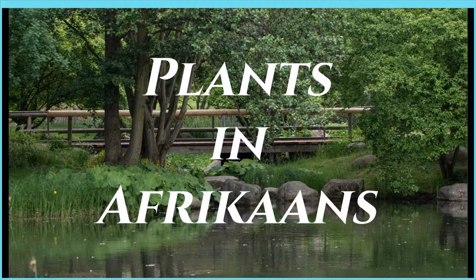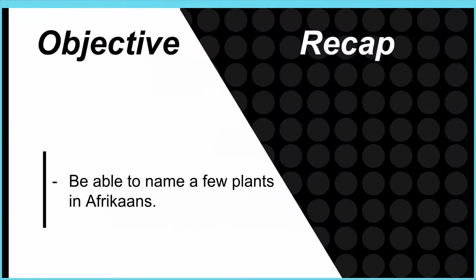A quick note before we start, this lesson might be slightly different because right from the start the whole lesson will be to prepare you for the activity. After you have finished this lesson, you should be able to name a few plants in Afrikaans.